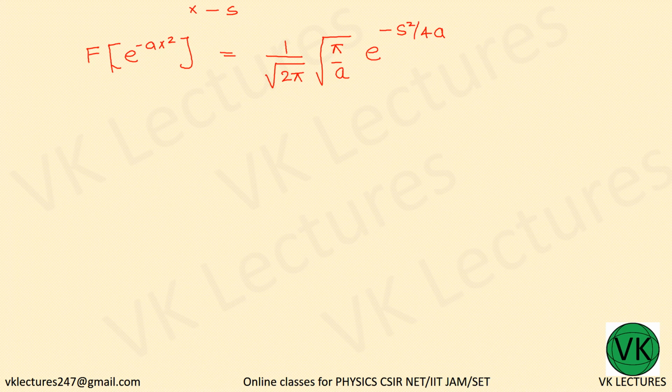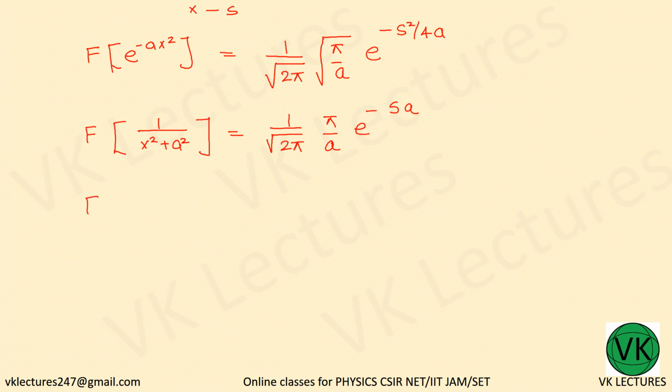Now the Fourier transform of 1 divided by x square plus a square equals 1 divided by root of 2 pi into pi by a e to the power minus sa.